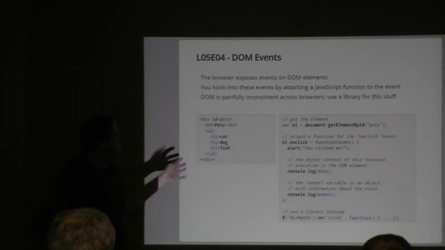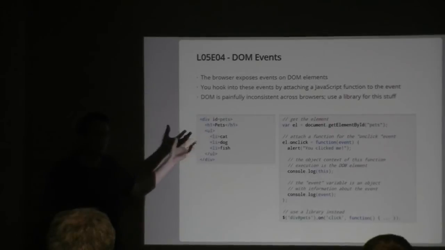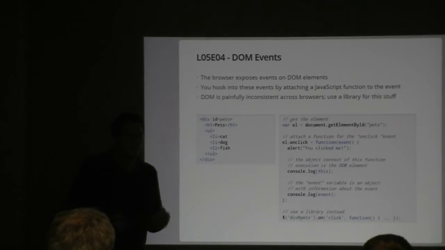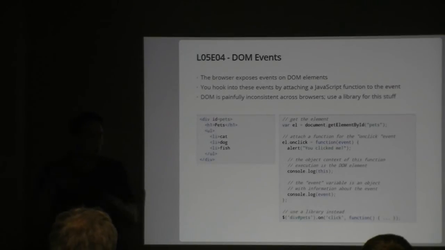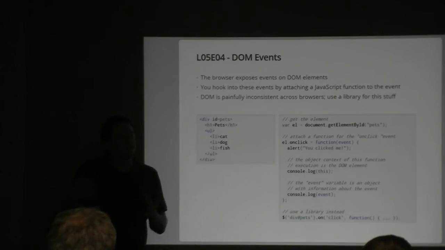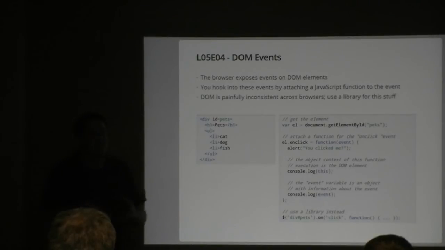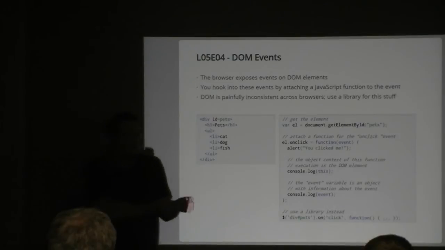Okay, so same context, we have this underlying structure represented to us by JavaScript. The browser has events, right? Click events, mouse over events, text in, blur, onclick, all these events that people are familiar with. And these events happen against elements in the DOM. So when you want to make something happen, you're just attaching a function to the element in the DOM.